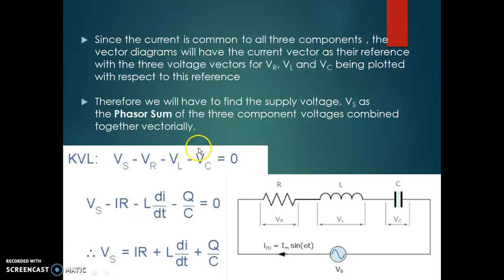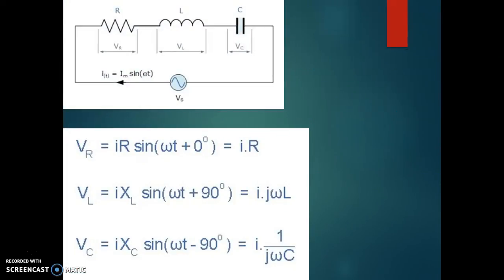Now, substituting the values of Vr, Vl and Vc as IR, L di by dt and Q by C, we get Vs is equal to IR plus L di by dt plus Q by C. Now, Vr is equal to IR sine omega t plus 0, since I is equal to Im sine omega t, and VL is equal to IXL sine omega t plus 90 degrees since it leads the current by 90 degree, and VC is equal to IXC sine omega t minus 90 degrees since it lags the current by 90 degree.